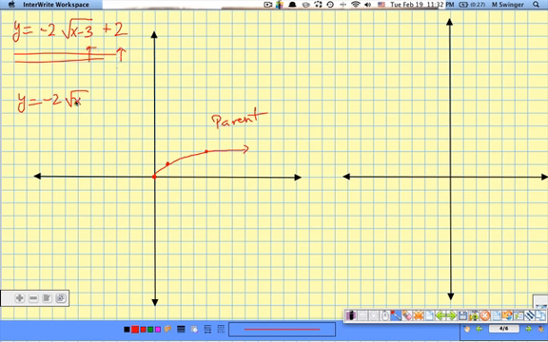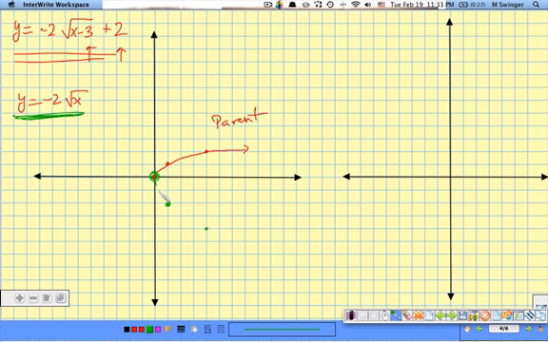So -2 root x, I'll put that in green. It'd still be 0, 0. If I put 0 in there, you get 0. If I put 1 in here, you'd get -2 times 1, which is -2. Let's put 4 in here. The square root of 4 is 2, so negative 2 times 2 is negative 4. So I put 4 in, and I got negative 4.